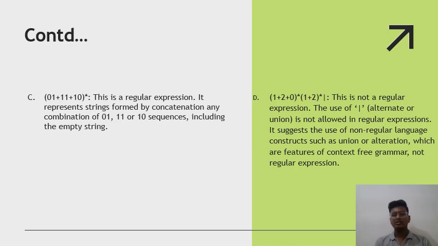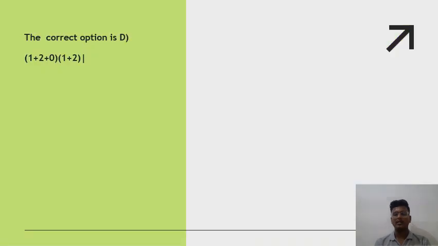The use of alternate or union is not allowed in the regular expression. It suggests the use of non-regular language constructs such as union or alternation, which are features of context-free grammar, not regular expressions. So the correct option is D, which is 1 plus 2 plus 0 plus 1 plus 2.